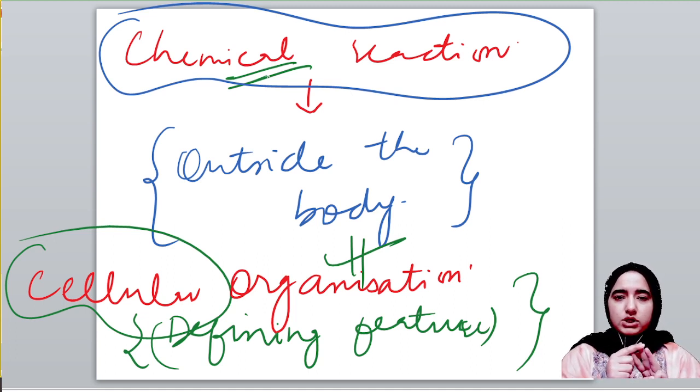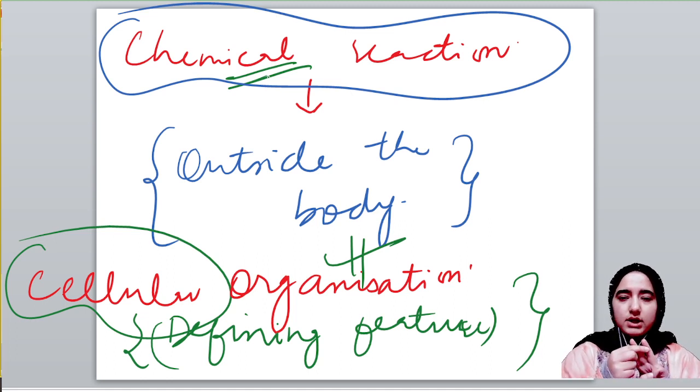We also see reproduction takes place in living organisms. Again we have the exception of mules, sterile worker bees and infertile human couples, which are unable to produce offsprings. So it's also a characteristic feature, not a defining feature.